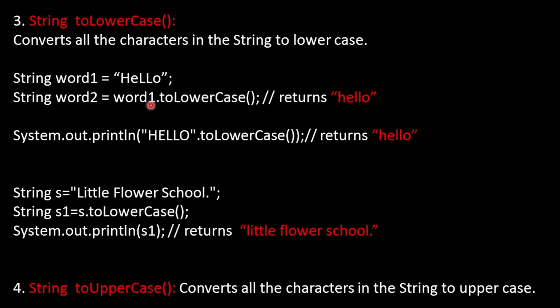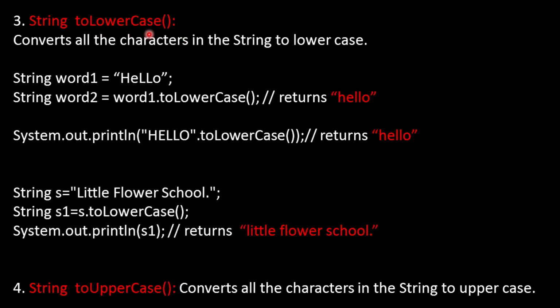Next we are going to discuss the next function, that is toLowerCase. See here, string toLowerCase. The meaning is, when you use toLowerCase, you will get the answer in string data type. String is the data type used for storing the answer returned from toLowerCase.